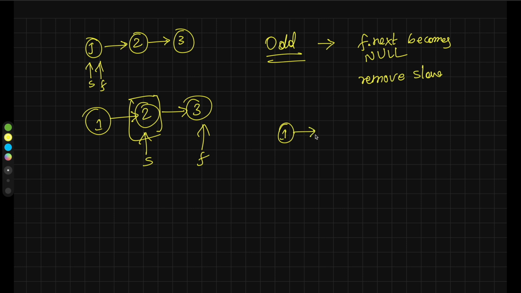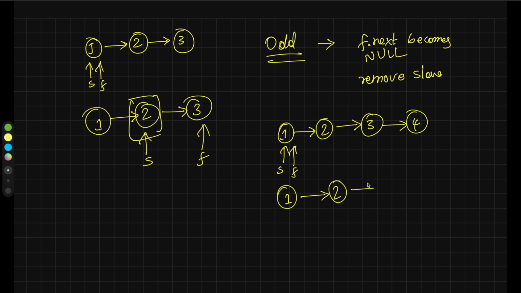Let's consider a linked list with an even number of nodes. Let's say we start with 2 pointers, slow and fast, pointing to the head of the linked list. After the first iteration, slow pointer will move here, fast pointer will move here.